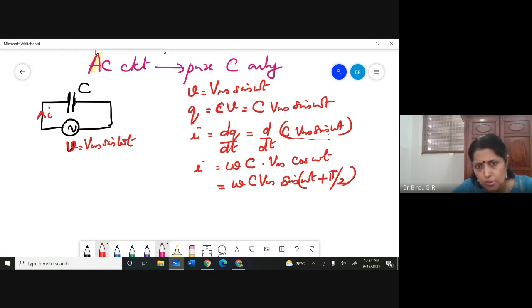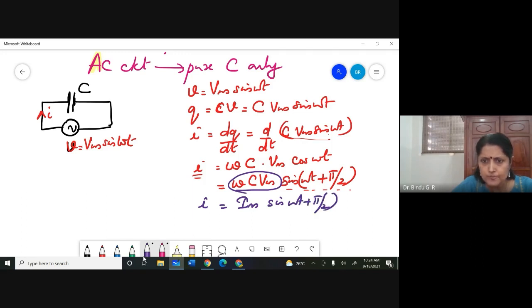As you know, I becomes I max when sine omega t plus pi by 2 is 1. So I can rewrite this equation as I is equal to Im sine omega t plus pi by 2. What I understand is that in a purely capacitive circuit, if I give a supply voltage as V is equal to Vm sin omega t, I end up with the current through the capacitance as I is equal to Im sin omega t plus pi by 2.